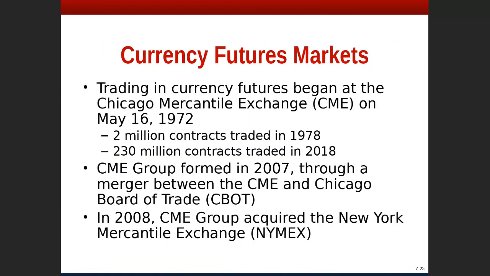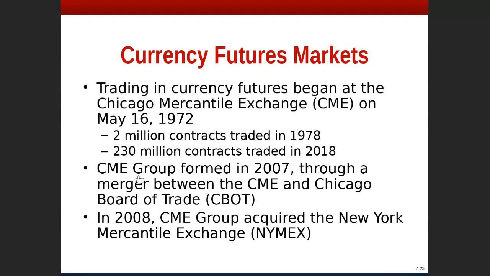Currency futures markets. Trading in currency futures began on the Chicago Mercantile Exchange on May 16, 1972. By 1979, we had about 2 million contracts trading. By 2018, that number had ballooned to 230 million contracts.